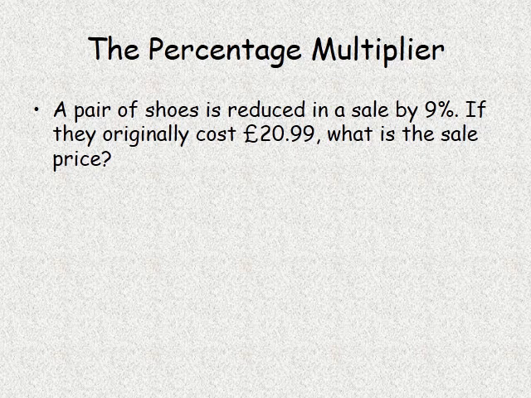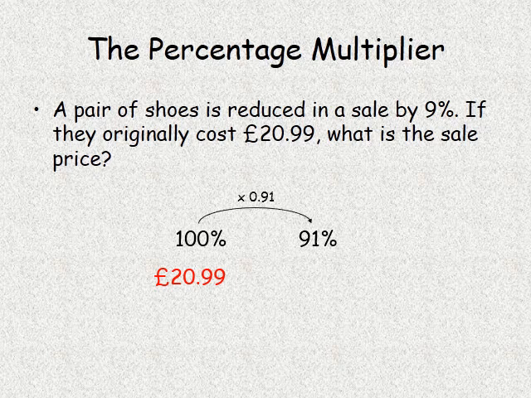Okay viewers, I'm about to go through the answer. So it was originally £20.99, which is 100%. It has gone down in price by 9%, so the new value is 91%. So 91 over 100, to calculate the multiplier, is 0.91.